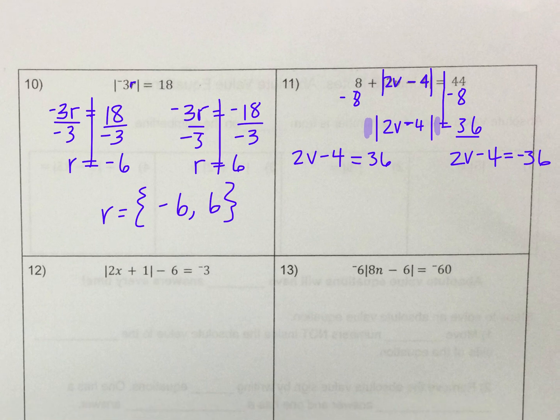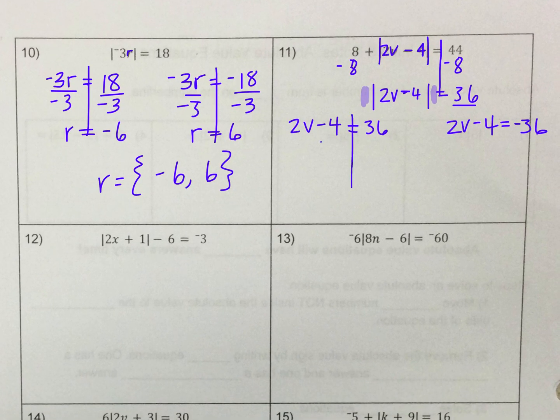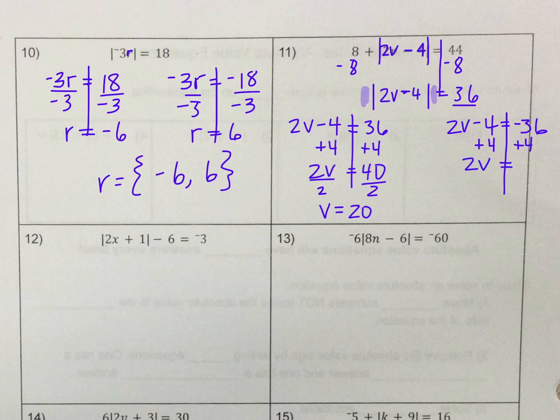All right, let's solve this one on the left. I'm going to add 4 to both sides and get 2v equals 40. I'm going to divide by 2. And I get v equals 20. I'm going to do the same thing over here. I'm going to add 4 and get 2v equals negative 32.